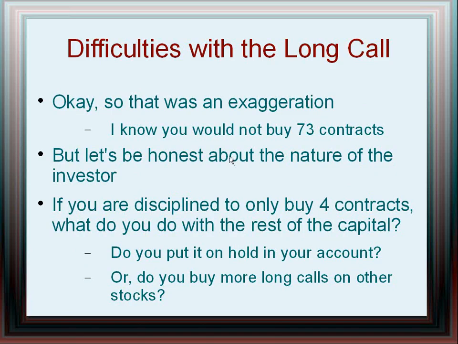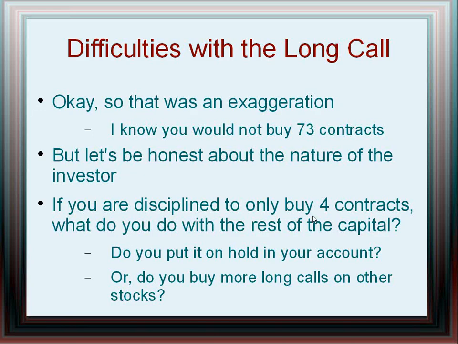I know Doug or anyone else using long calls would not buy 73 contracts. You would not take that full $17,000 and buy... what was it, 43 calls? Sorry, folks, 73 contracts, that's right. 73 contracts of PXP positions with your $17,000. But we have to be honest about the nature of the investor, okay?